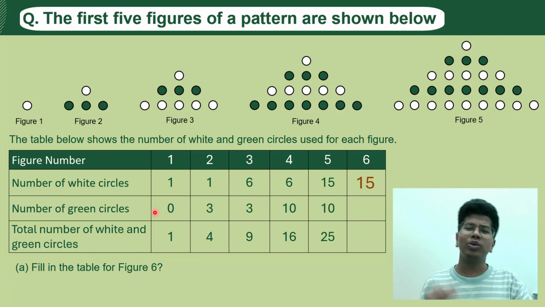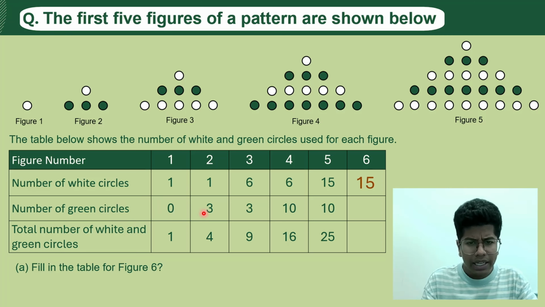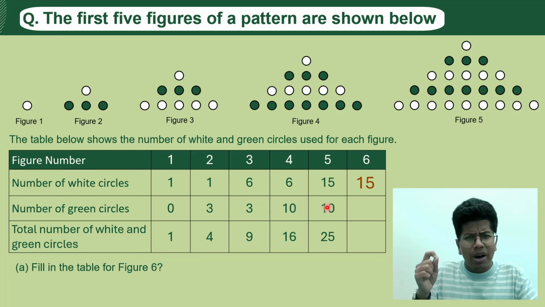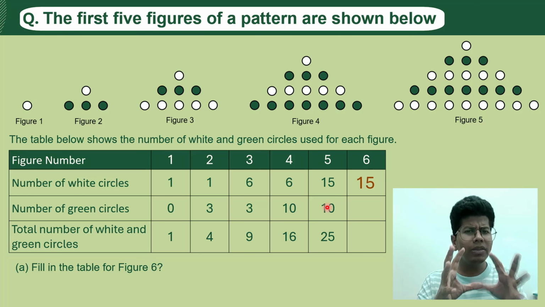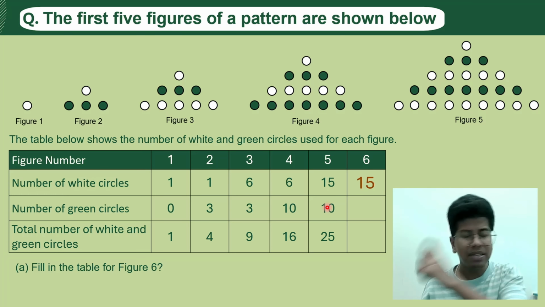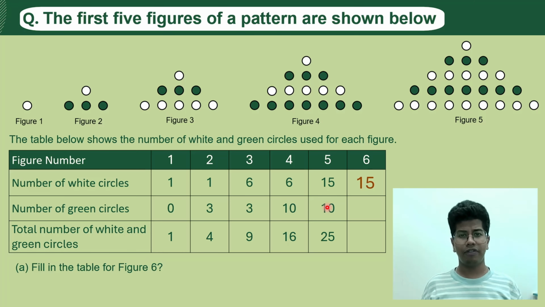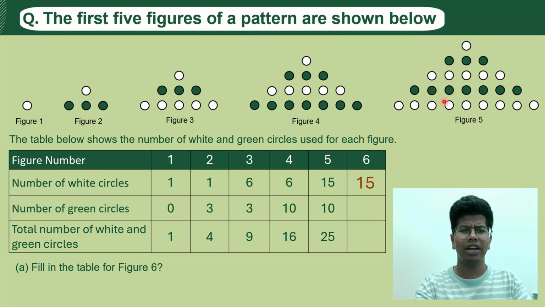Now let's move on to the next part, that is number of green circles. Here the numbers are 0, 3, 3, 3, 10, 10. Just by checking the numbers, I can't understand what the pattern actually is. So if it's difficult from the numbers, the best thing is to understand from the figure that we have. Let's take for example figure 5.